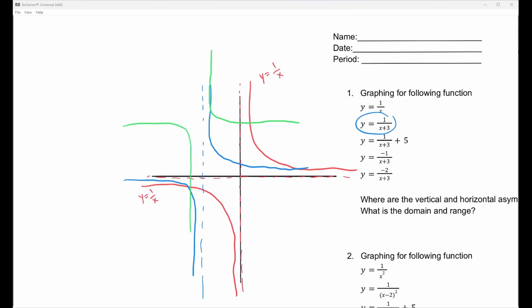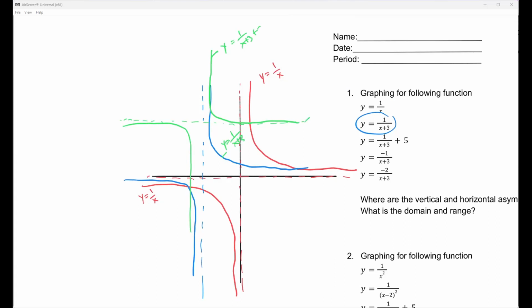The vertical asymptote stays the same, but the horizontal asymptote goes up by 5. Try to label as much as you can. This is y is equal to 1 over x plus 3 plus 5. This is y is equal to 1 over x plus 3.